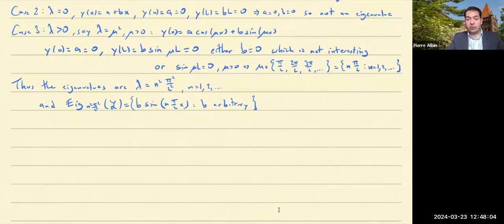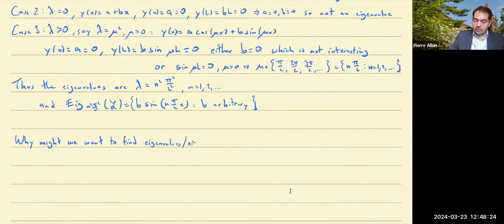So before we do another example, let's talk a little more about motivation, right? So why might we want to find eigenvalues, eigenfunctions of L?